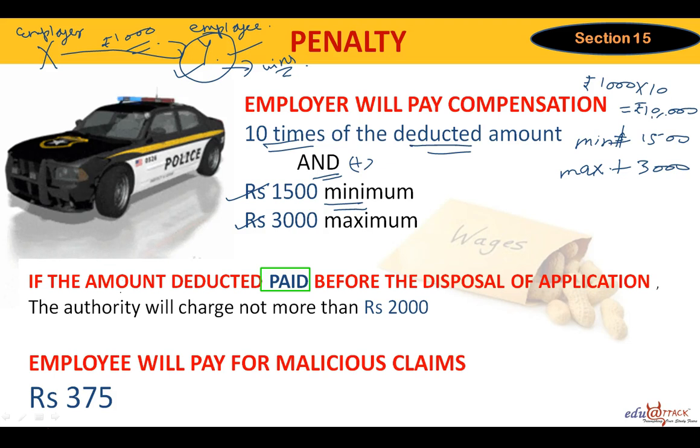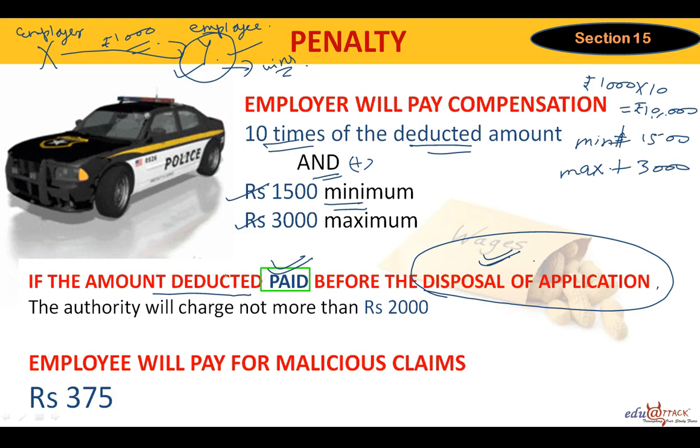Now there is also one case here. If the amount deducted is paid before the disposal of application. Disposal of application means when a suit is decided in favor of someone, an employee winning the case or the employer winning the case. That process is the disposal of application. That application gets ended here.